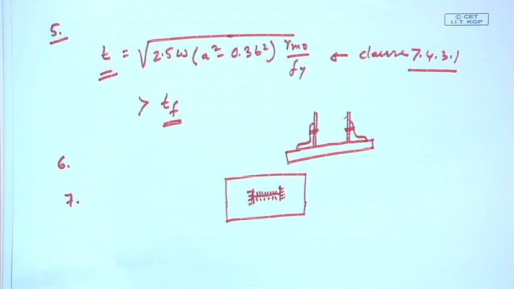The dimension of the concrete pedestal will be decided on the basis of the soil bearing pressure. Similarly, the length and breadth of the base plate will be decided on the basis of the bearing strength of the concrete. So, depending on what grade of concrete we are going to provide, we will find out the length and breadth of the base plate.